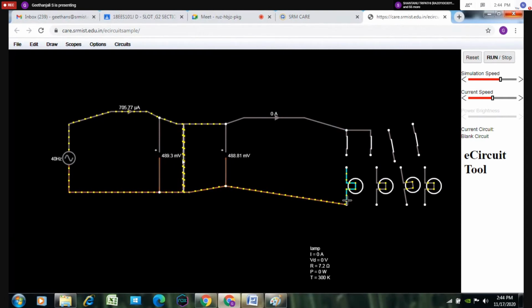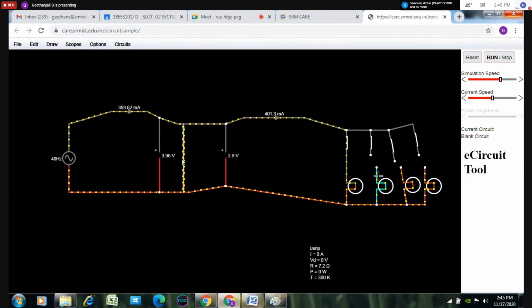How many of you completed the circuit and the connection? How many of you completed? No one completed. In this class, you will be asked to share your screen, then only attendance will be given.